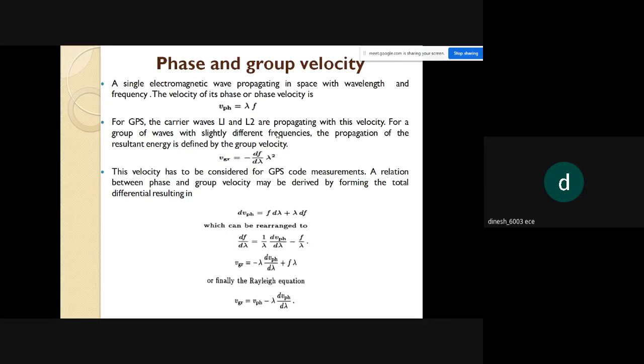So when we substitute this df by d lambda into the group velocity, we get 1 by lambda dVPH divided by d lambda minus f by lambda, into minus of lambda square. So substitute that.